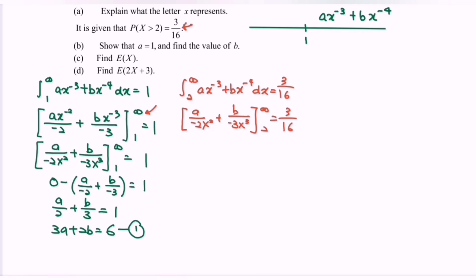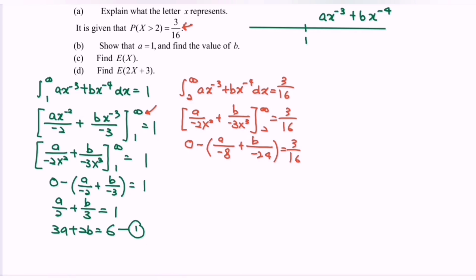As usual, if we substitute infinity, we have 0 minus bracket. If we substitute 2, we have a over 2 squared, 4, times negative 2, negative 8, plus b over 8 multiplied by negative 3, negative 24, equals 3 over 16.